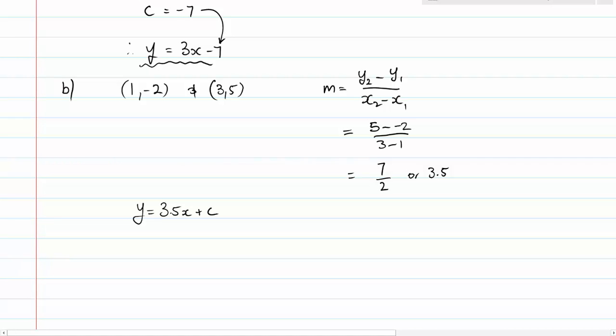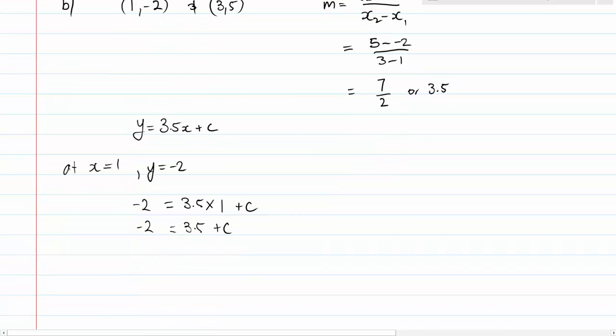And then I substitute in at x equals 1, y equals -2, and I get -2 is equal to 3.5 times 1 plus c, which gives me -2 equals 3.5 plus c, and c equals -5.5.